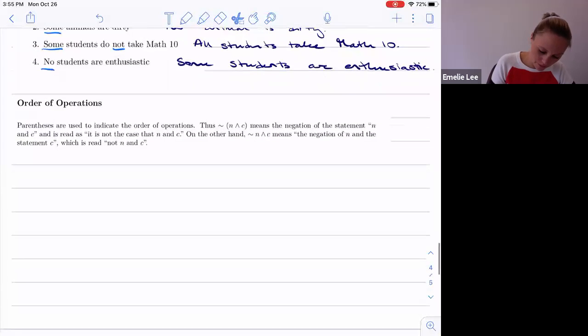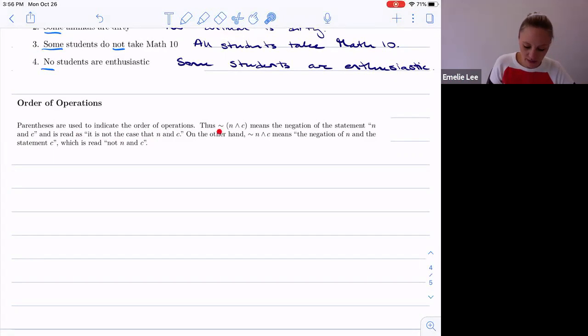Parentheses are used to indicate the order of the operations, right? So we have to be really careful that we deal with stuff inside brackets before we expand out to outside brackets. So you want to go to your very innermost brackets and work your way out to figure out what the truth value is.